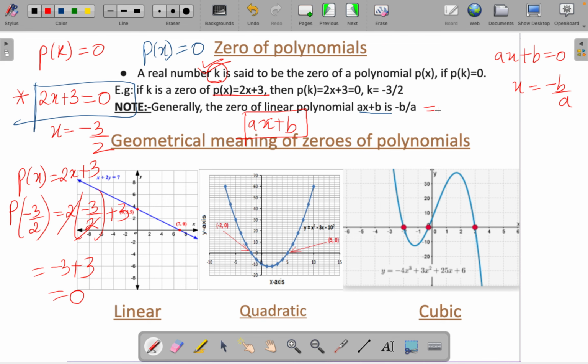Which I can write as minus constant term upon coefficient of x. So this is how you get the relation of a zero with the coefficients of a linear polynomial.